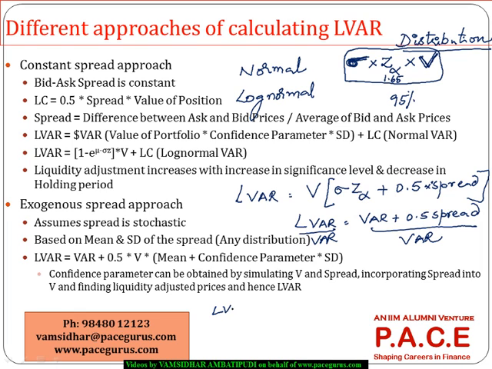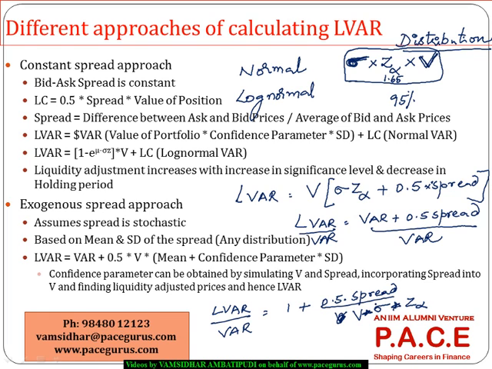So LVAR by VAR is an important ratio that is typically computed here. We call it 1 plus 0.5 times spread by VAR. Very important relationship here. And the VAR comes out as V times sigma times Z alpha.